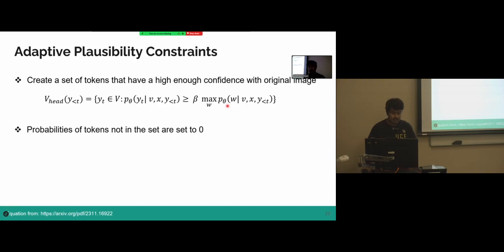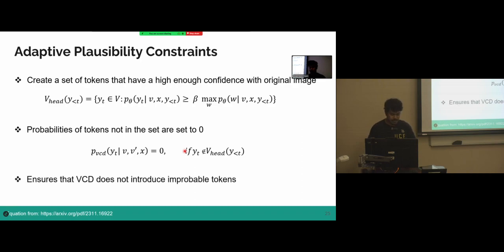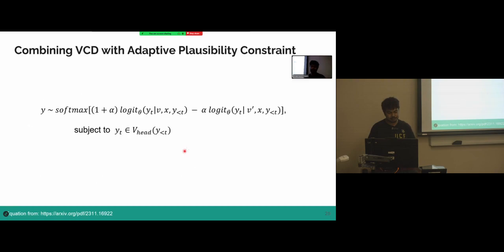All the probabilities of tokens that are not in the set are simply set to 0. So the VCD probability will be 0 if the token was not confident enough in the original input's output. Hence, this technique ensures that VCD does not introduce any new improbable token.